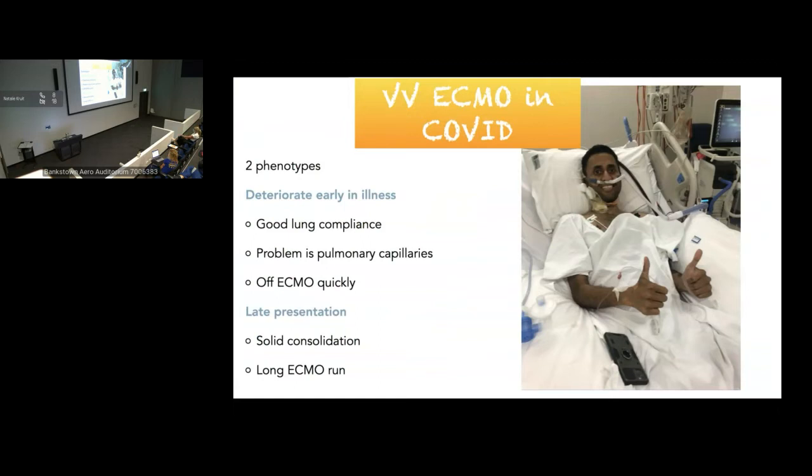And this is opposed to those that are referred late in their disease with the low compliance, so the H-type patients. They tend to have really long runs, and these are the patients that we're seeing have the superimposed bacterial pneumonias from the profound immunosuppression that they're receiving. And these are pneumonias that are very resistant to treatment. The ECMO cannulas often get seeded with bacteria like Klebsiella, and we just can't shift it.